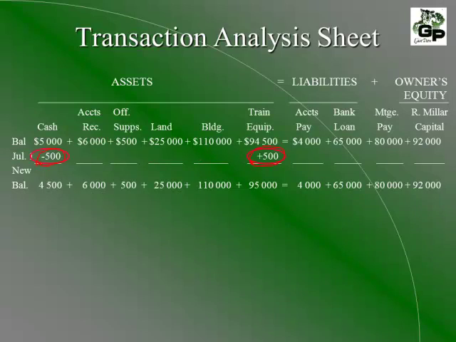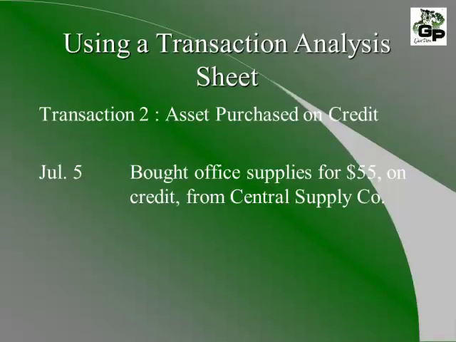Now we take these changes and we apply them to the original amounts of the individual accounts. So 5,000 subtract 500 will give us 4,500. And 94,500 plus 500 will give us 95,000. So all the other accounts remain the same, but the two accounts affected have been changed.